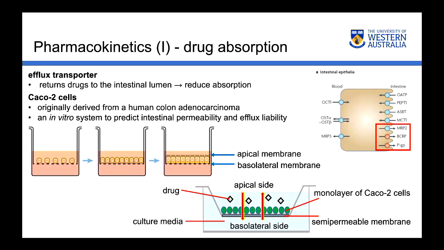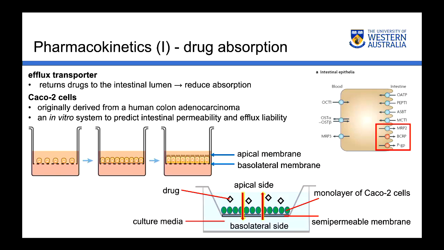So CACO2 cells is an important in vitro cell model for this purpose. The reason is because they express important efflux transporters, as you can see here. So it's a good model to see whether the drug will be subject to efflux mediated by these transporters, and then that may require modification of the drug so that it's not susceptible to efflux, or not considered as a drug at all.